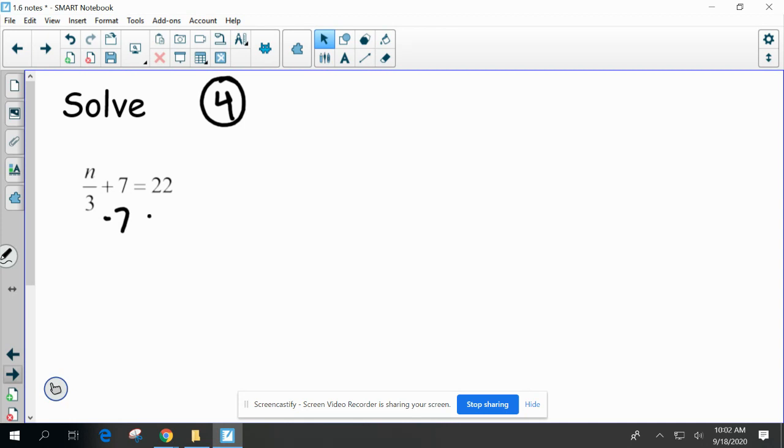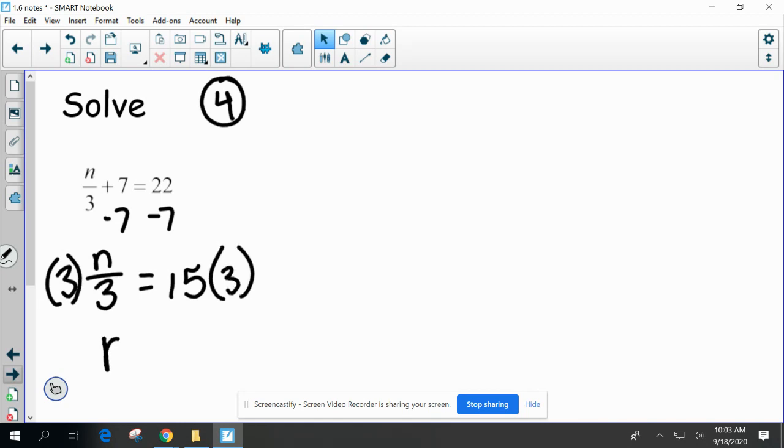Subtract 7 from both sides. So n over 3 equals 15. Okay, and then how would I isolate n? Multiply by 3. So n would equal 45.